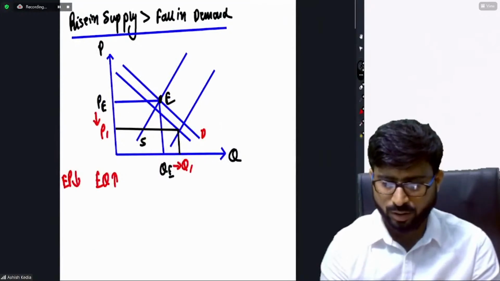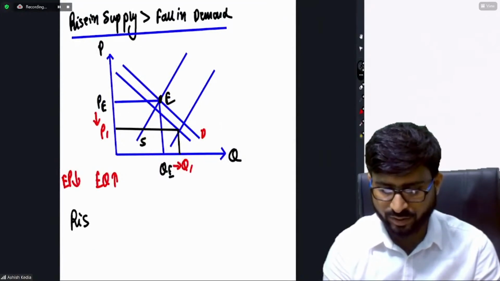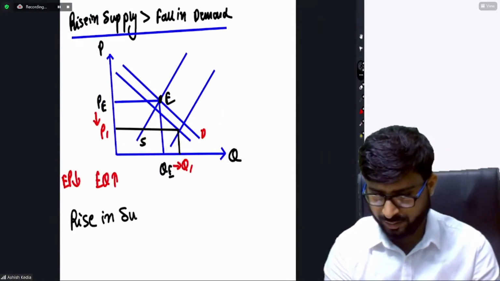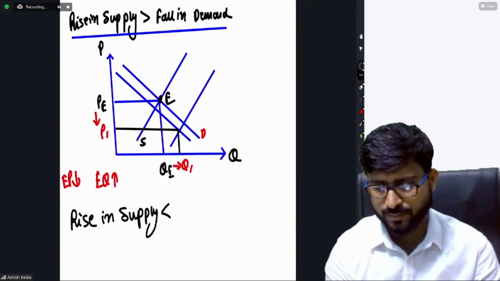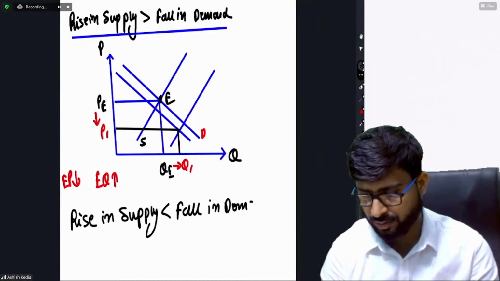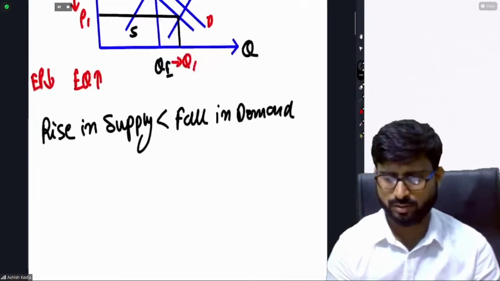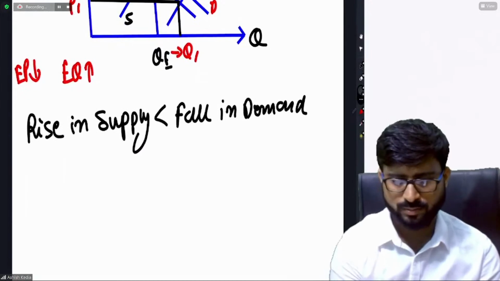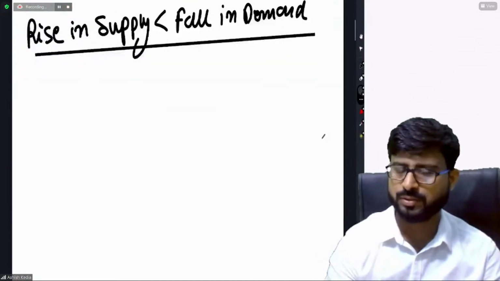Now let's reverse the rule. Rise in supply is less than fall in demand. Come on.